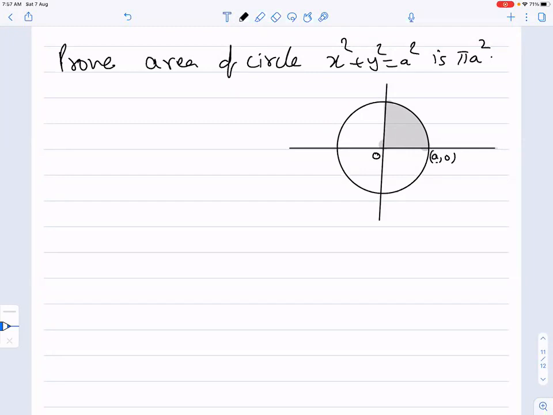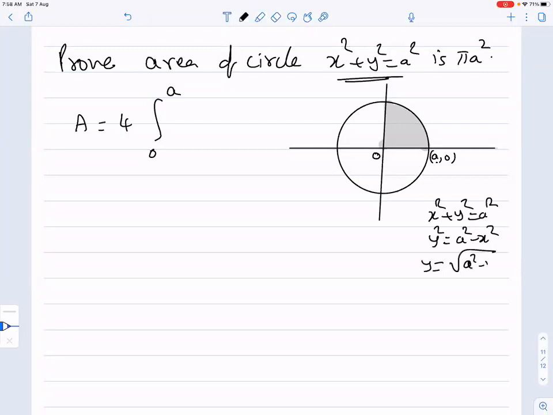You can use anything. So the area is 4 times the integral from 0 to a of y dx. What is y from this? x square plus y square equal to a square, so y square is a square minus x square. So y is plus or minus root of a square minus x square. Correct enough? Now if you look at it, just a minute.